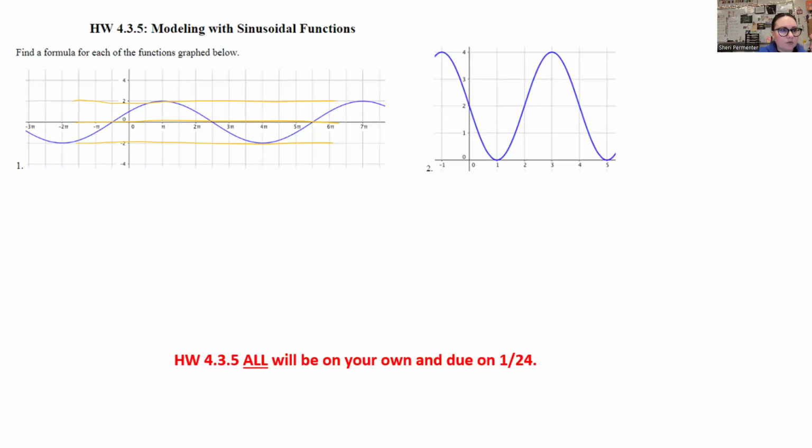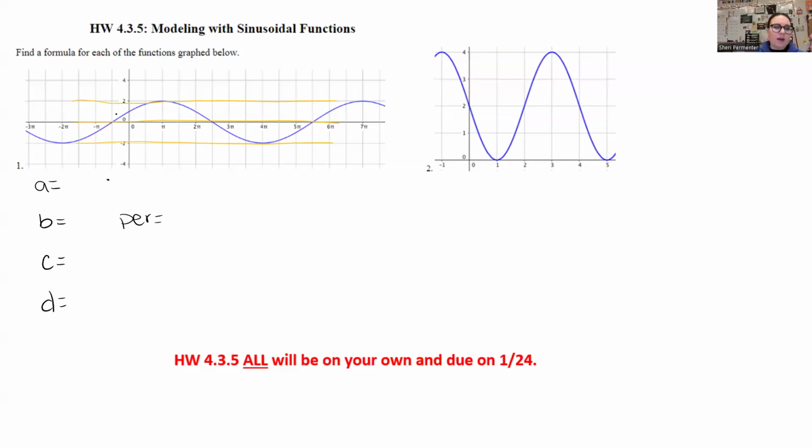To write the equation of anything, I need to know A, B, C, D. The graph will give me the period, and I have to work backwards to find B. I can start wherever I want to. I think I'll do it different than the way the homework told you. The homework told us graph number 1 is going to be a cosine graph.